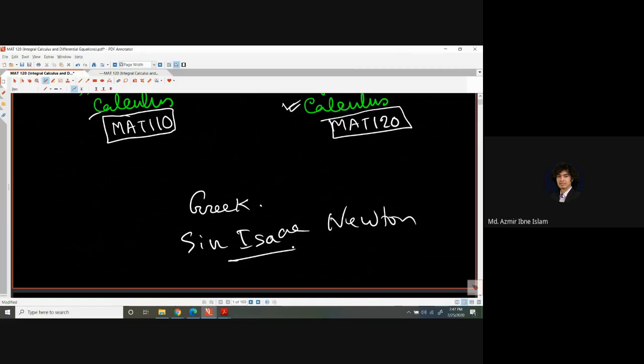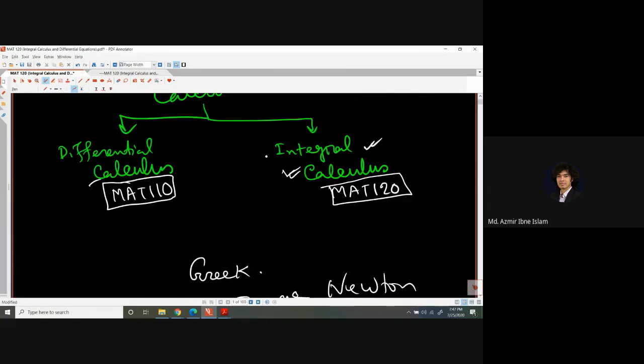So in his time, it was realized that integration and differentiation are actually inverse operations, just like summation and subtraction, multiplication and division.